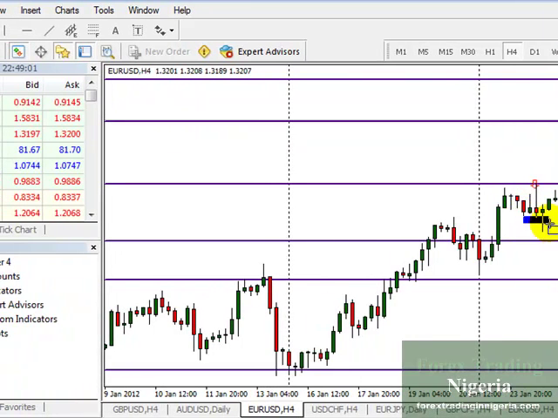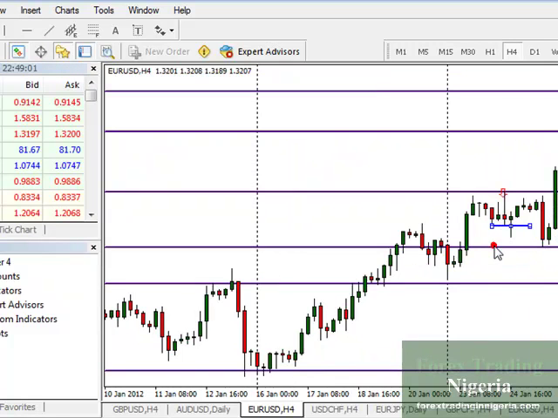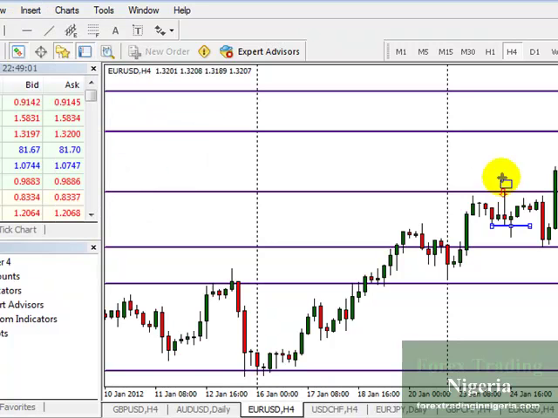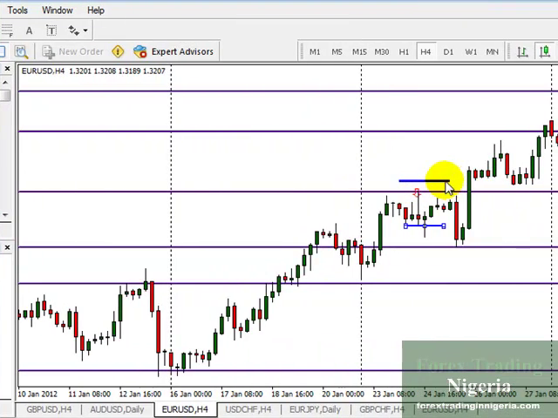set stop again at this spot, our stop loss, will be at the top.